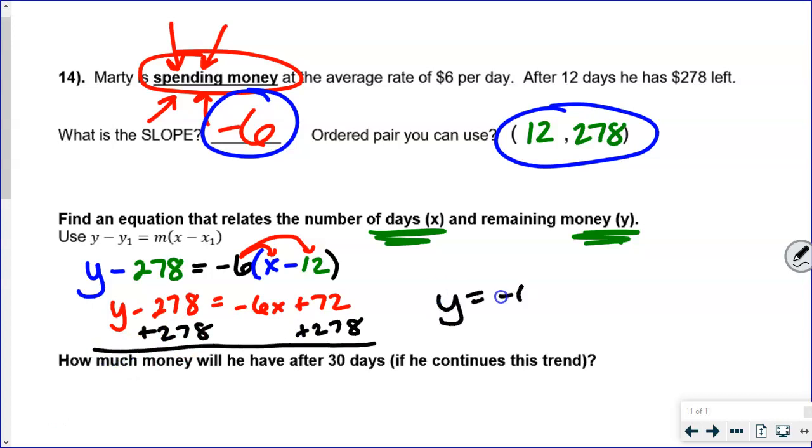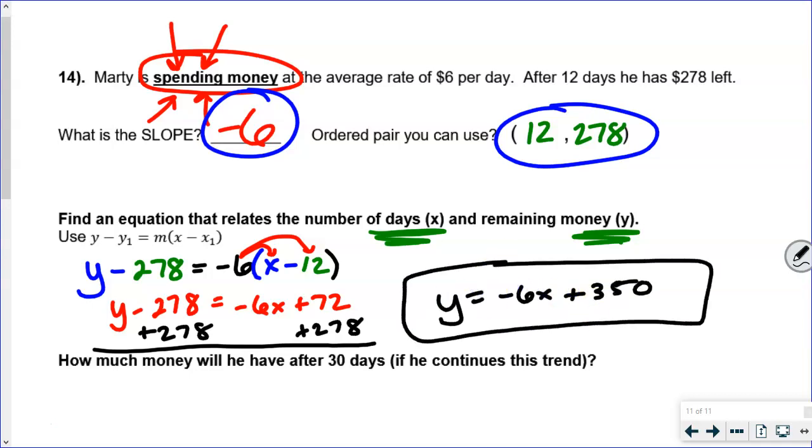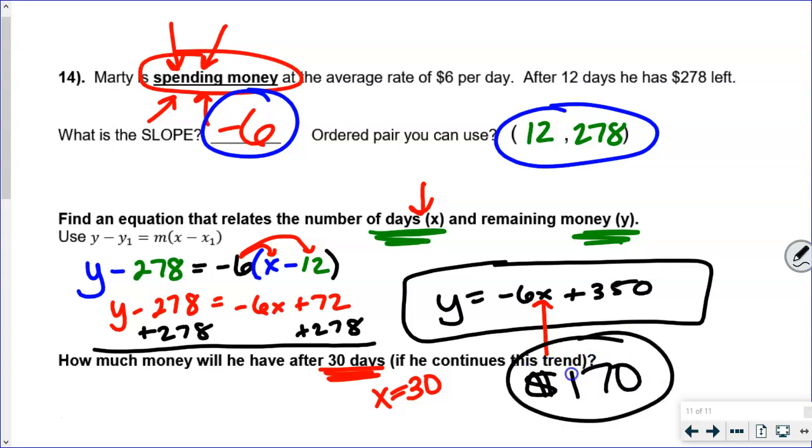Y equals -6x plus 350? Okay. The reason I like that equation is now I can answer the follow-up question real quick. 30 days. Remember, days is x. So I need you to plug in x equals 30 right there. And then tell me how much money he has left. $170 left. Good luck, Marty.